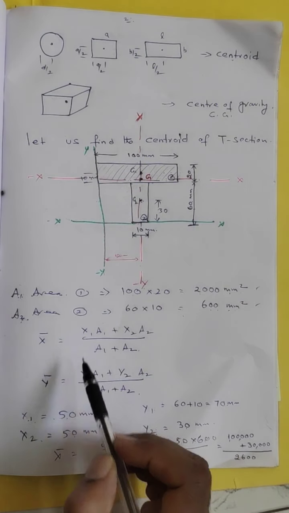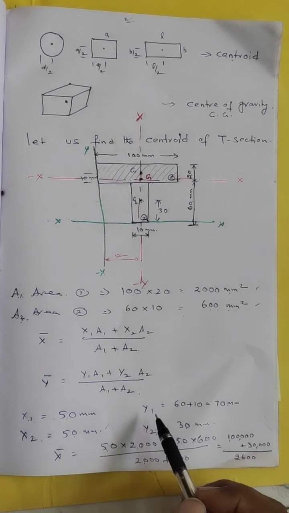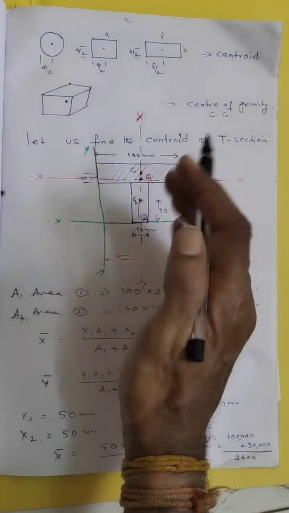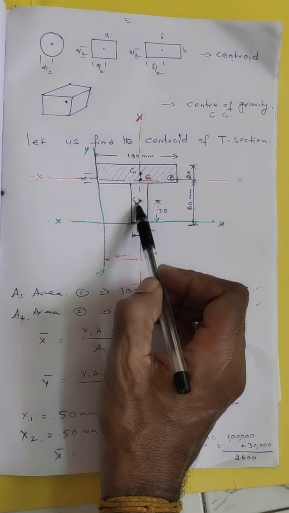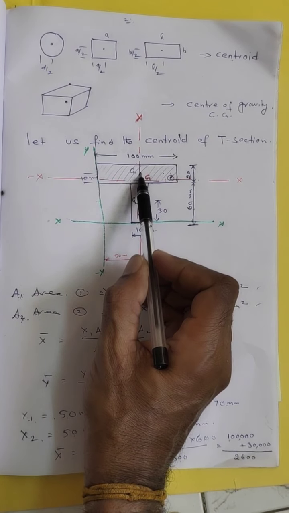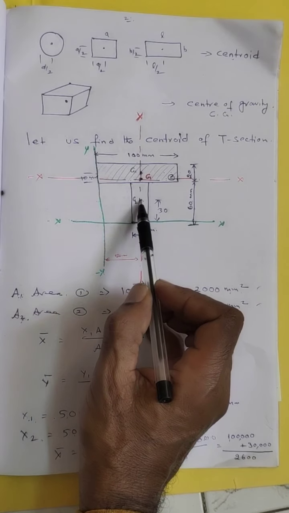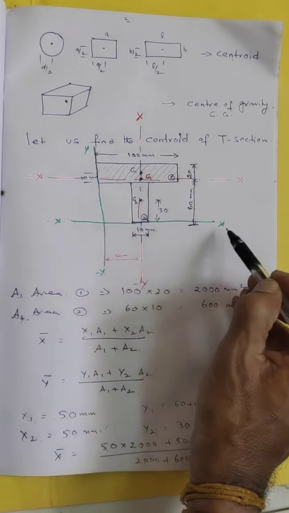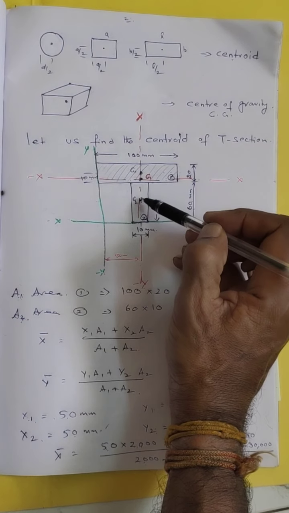After that, we have to find x1, x2, y1, y2. So x1 is the distance from this yy axis to the centroid, and this distance is x1 and this distance is x2. Similarly, y1 and y2 are the distances of G1 and G2 from the xx axis.